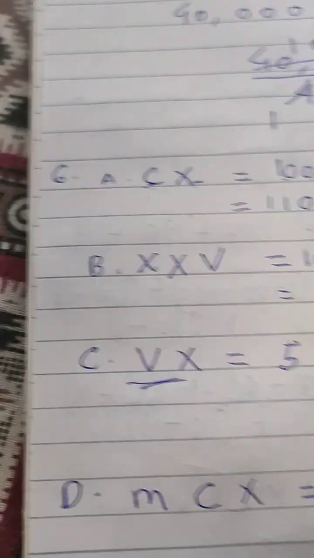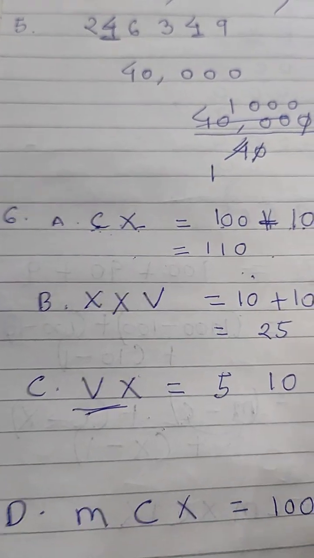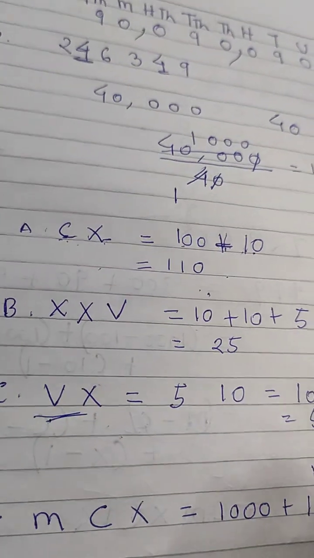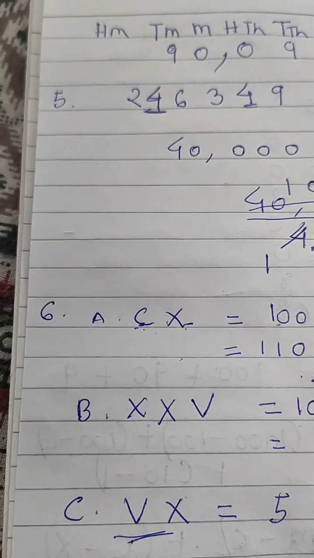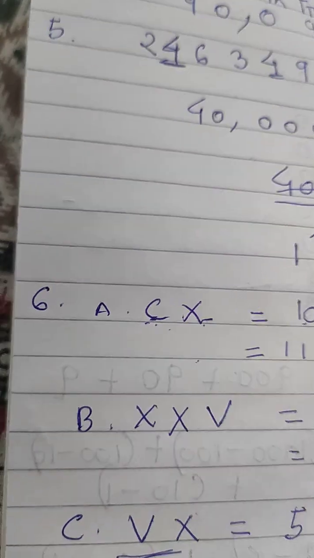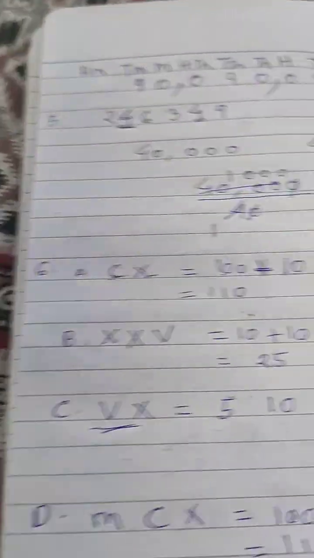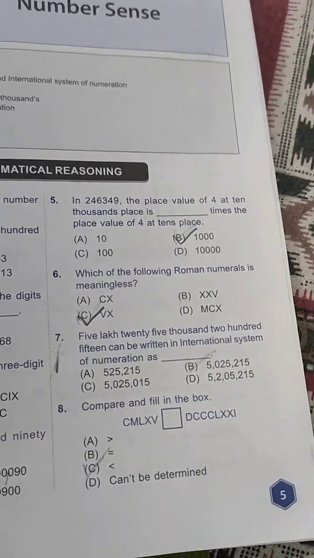M means 1000, C means 100 and X means 10. So we can read the number as 1110, which is absolutely correct. So the only option which is meaningless is C, that is VX.